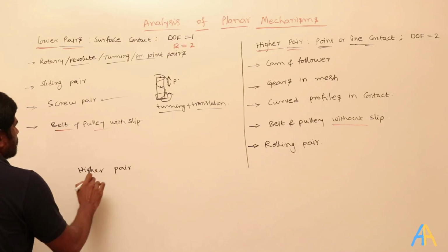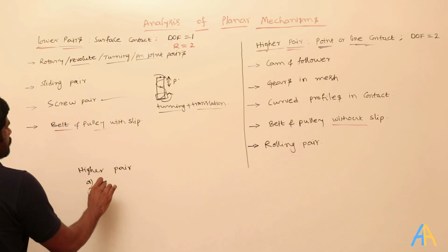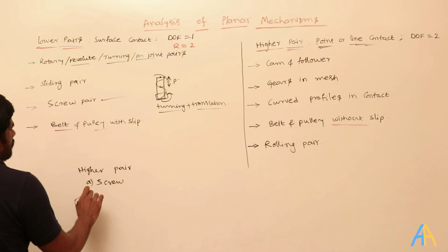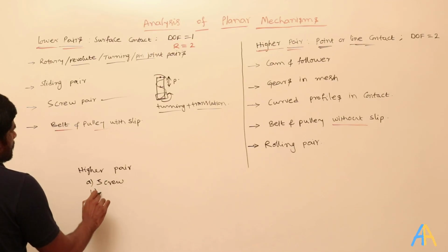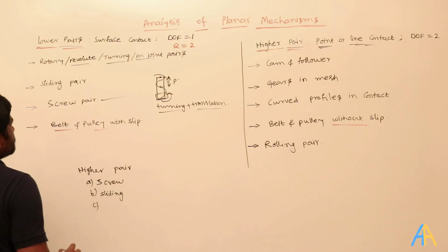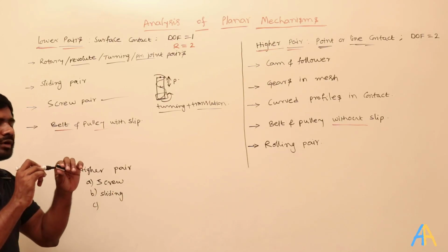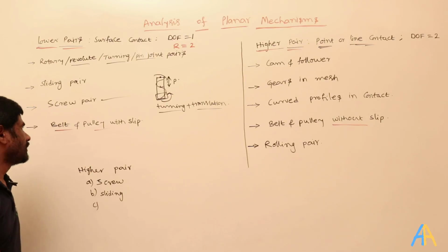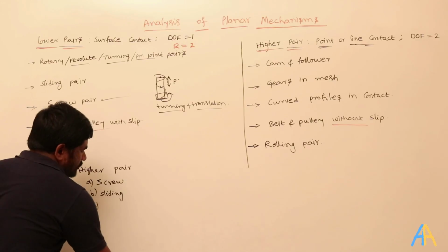So options are like that. A is a screw, B is sliding, and then C, even in the screw it is a surface, bolt and nut, the entire surface is touching there.